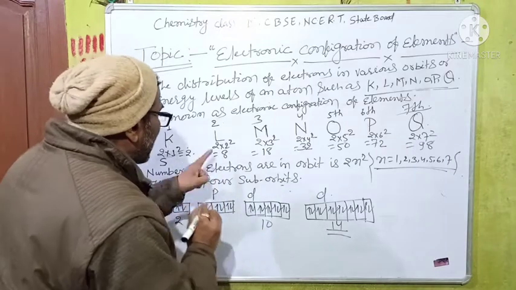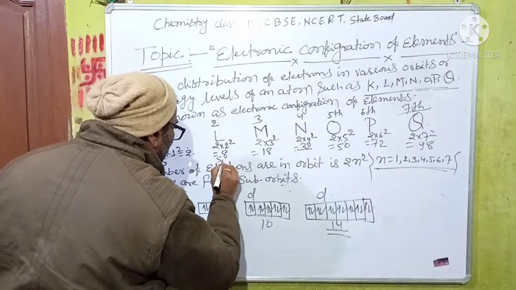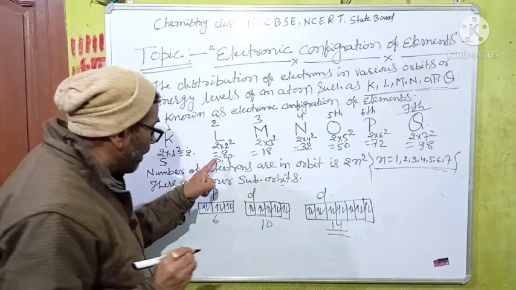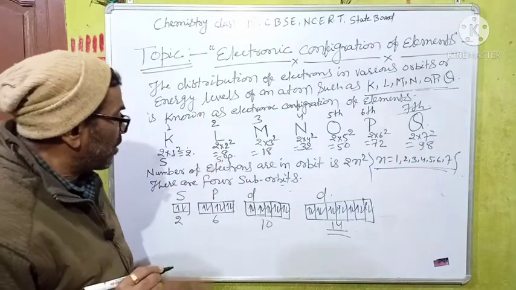But L has 8 electrons, so it has S and P: S has 2 electrons and P has 6 electrons.